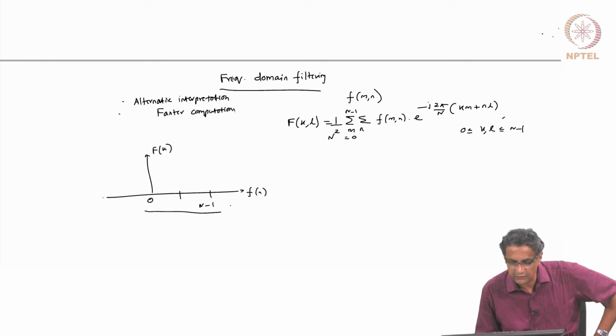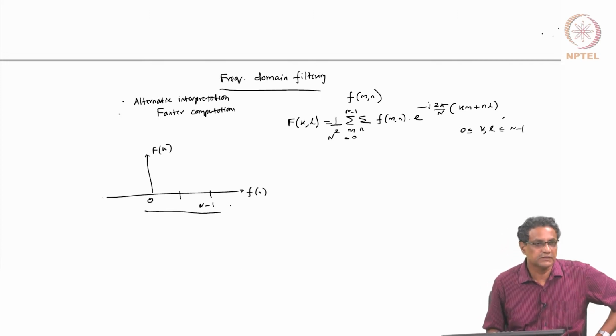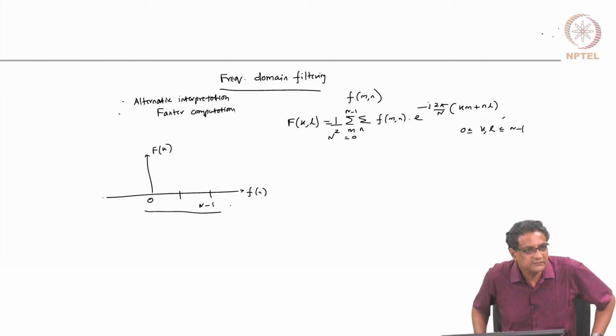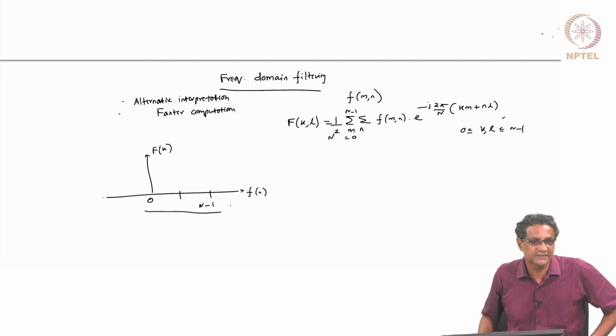By the way, let me ask you a quick question. Which is the fastest varying signal in 1D, discrete time, of course?